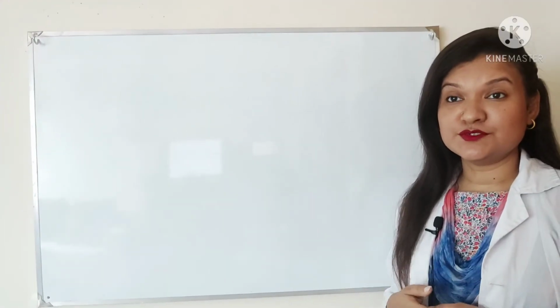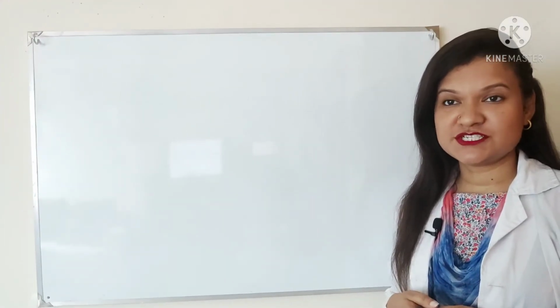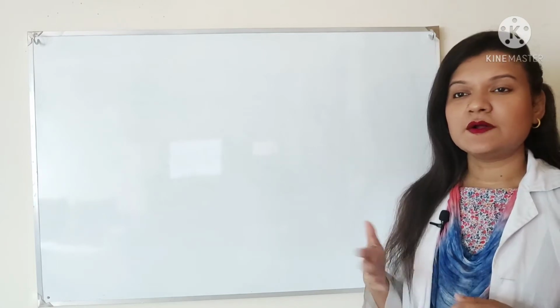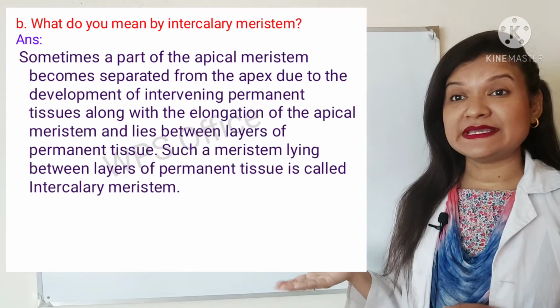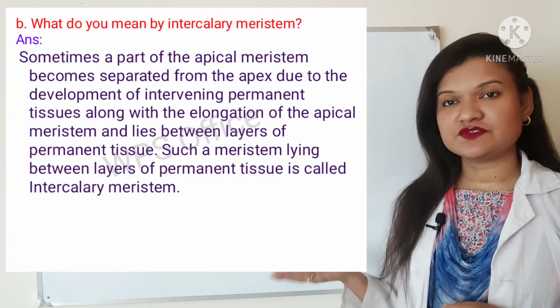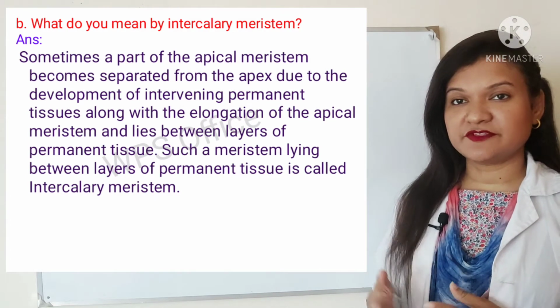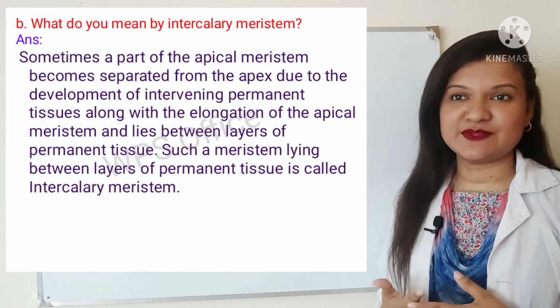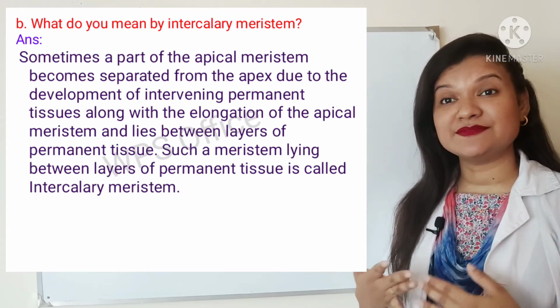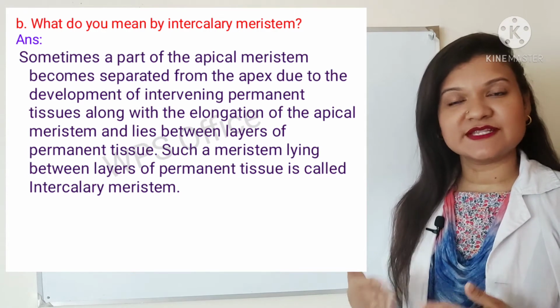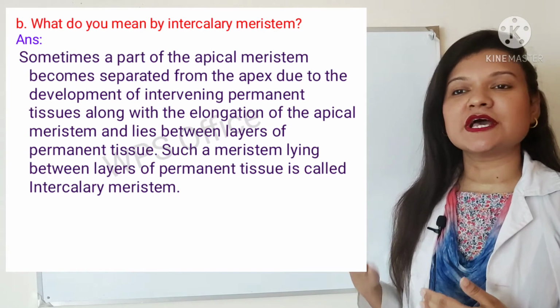Now I will go to the comprehensive based question. Our comprehensive based question is, what do you mean by intercalary meristem? So first of all you have to give the definition, then you will go to the explanation. That means in a comprehensive based type of question you have to give the knowledge based answer, then you will go to the explanation.